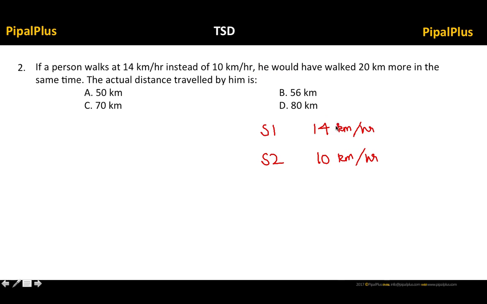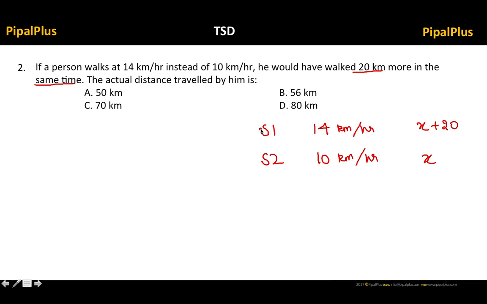Now, obviously, when he travels at 10 kilometers per hour, the distance he covers is, let's say, x, which we don't know. But when he walks faster, he's able to travel more, because the time taken for both these situations is the same, right? And the question tells us that he's able to walk 20 more kilometers. So this is the distance that he's able to cover.